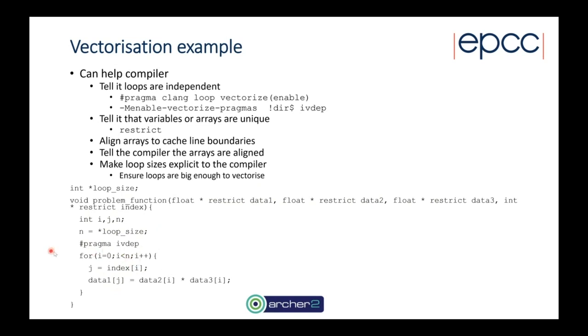I can tell it with things like a compiler pragma here. Here we're using one called #pragma ivdep, which should work on the GNU compiler and the Intel compiler, if that's one you're using.